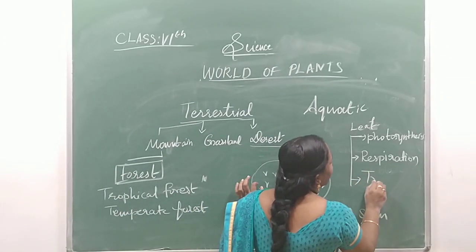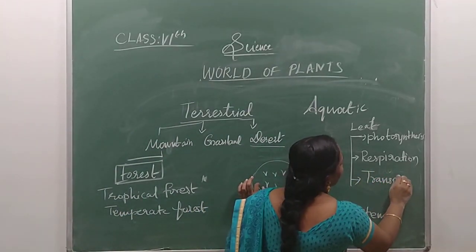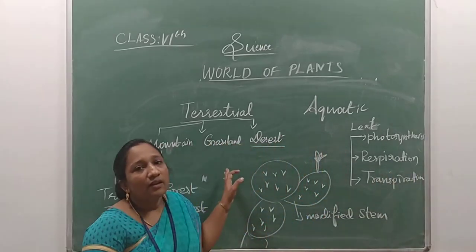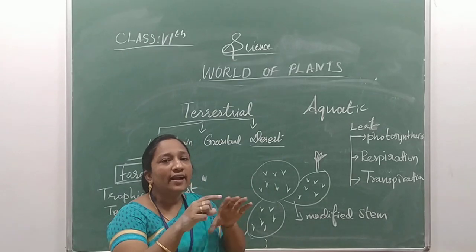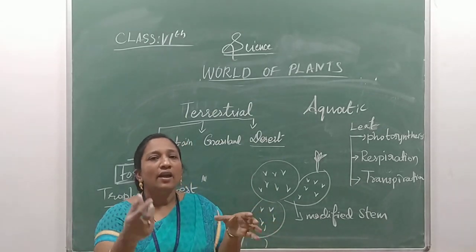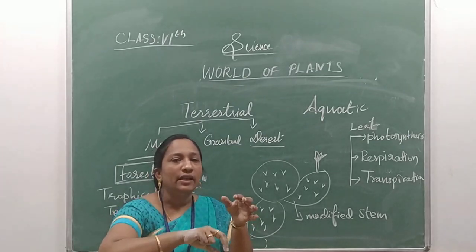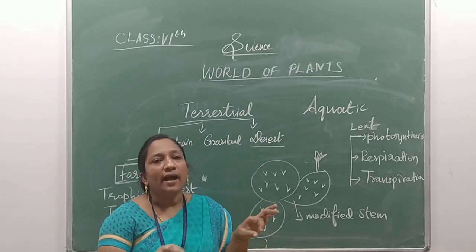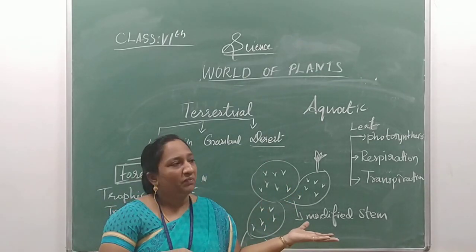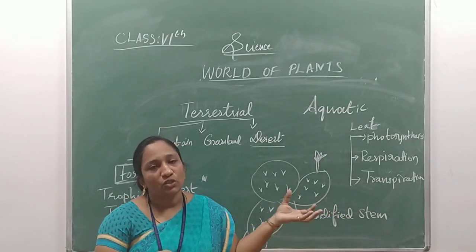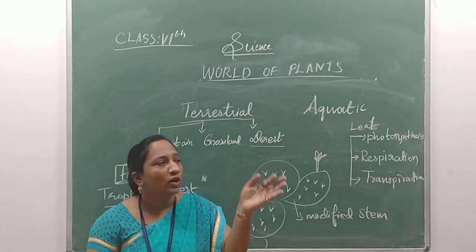And one is called transpiration. I asked you to do an activity. Did you do this? Take a ziplock cover and put some coriander leaf, close the zip and keep it in some place. After a few hours, you can find water droplets on the cover.